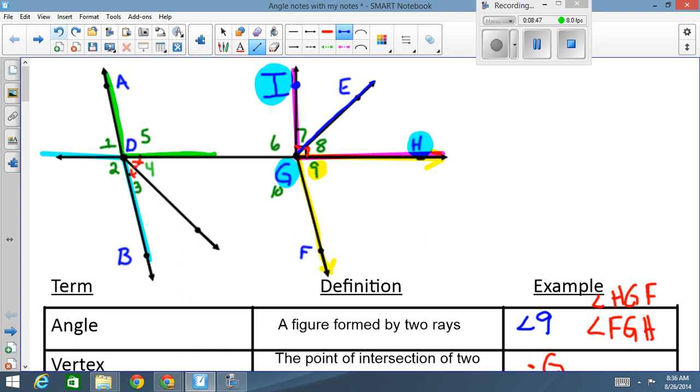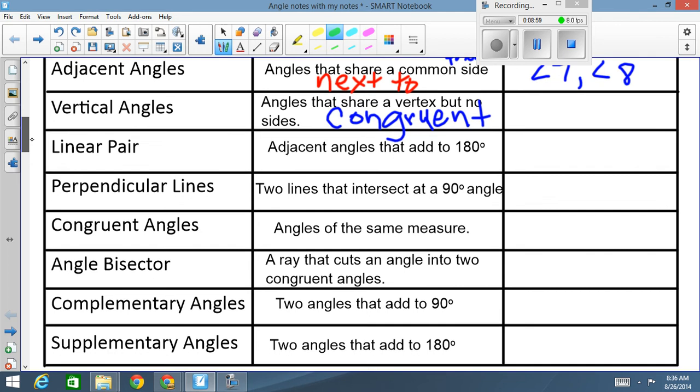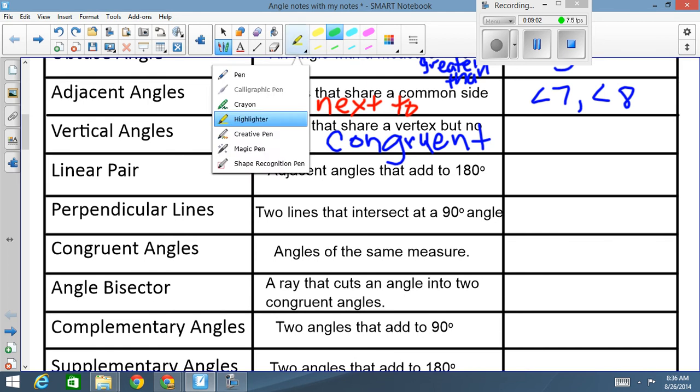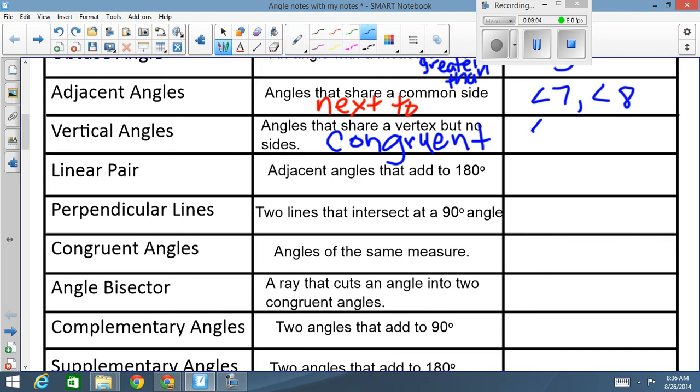So angle 2 and angle 5 are considered vertical angles.